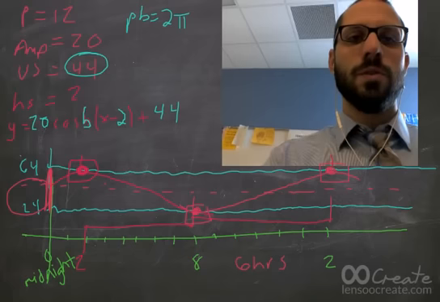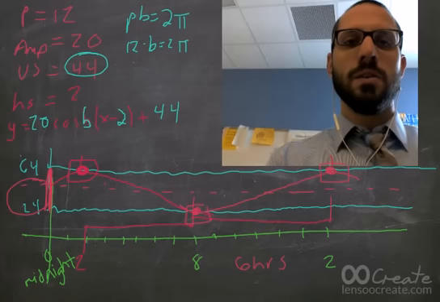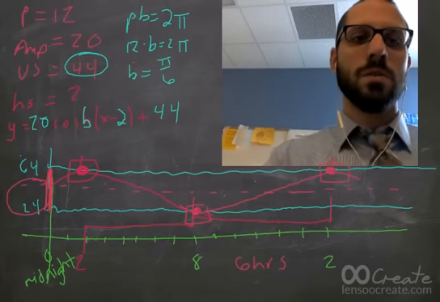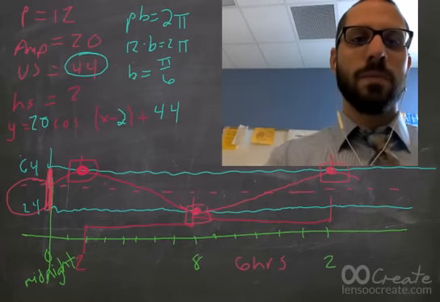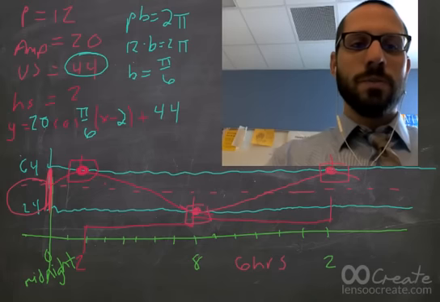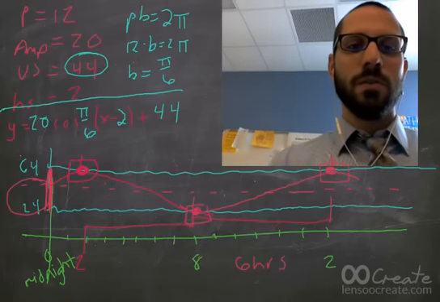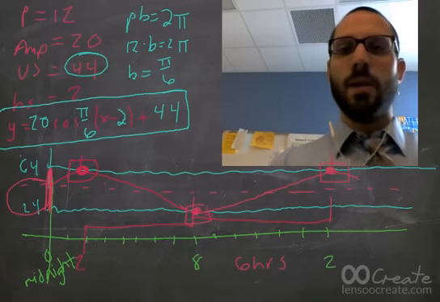My P is 12. So B is pi over 6. Looks good to me. So I have my function that models the height of the water at the pier.